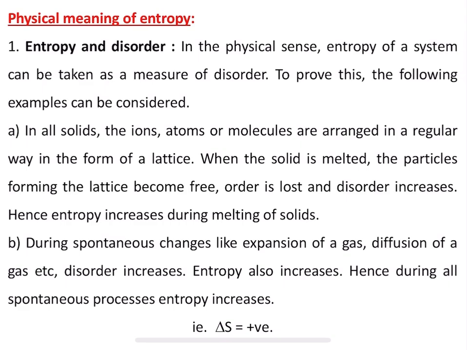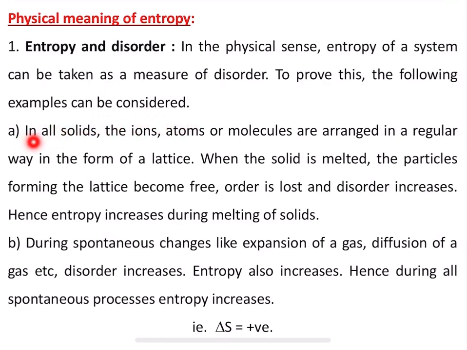Some amount of energy is left behind in the sink. How much energy has been left and how much has been converted into work, that measure is called entropy. To prove this, the following examples can be considered.